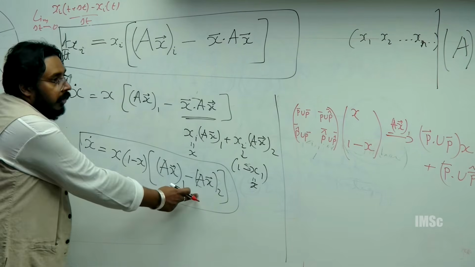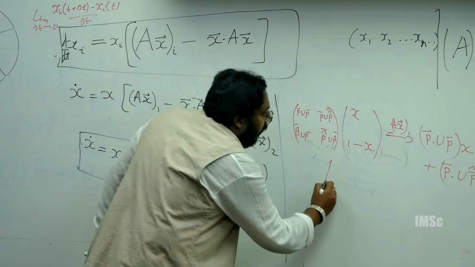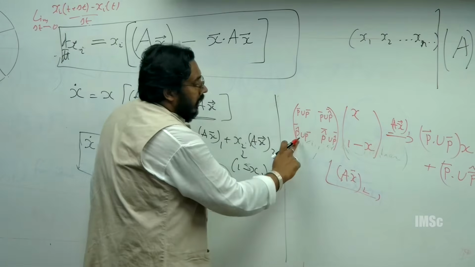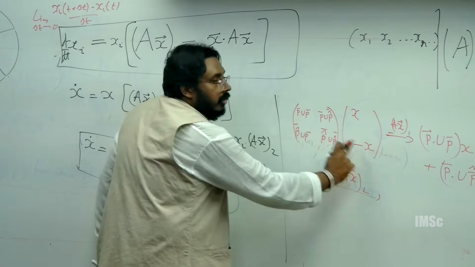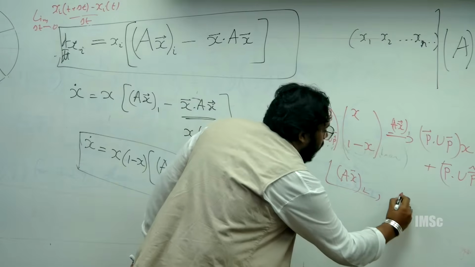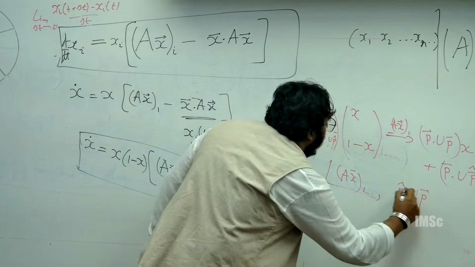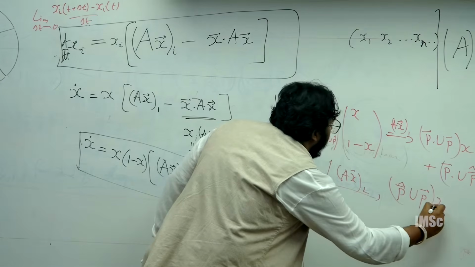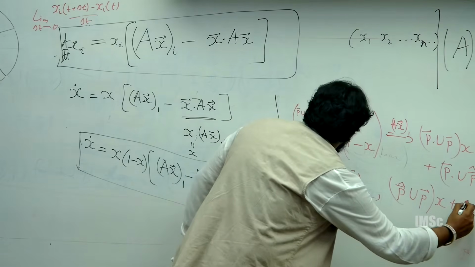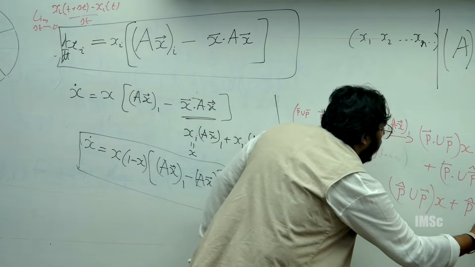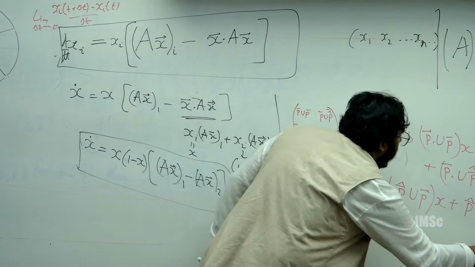I need the second component. Ax2 will be this times this and this times this. That gives me P cap U P times x plus P cap U P cap times 1 minus x.